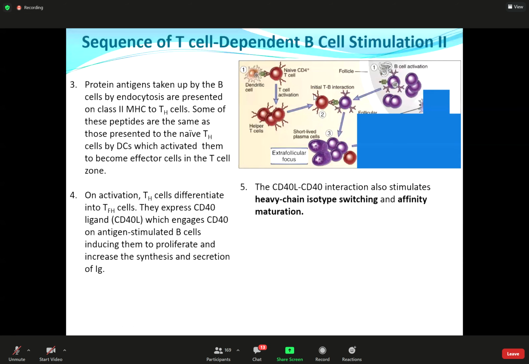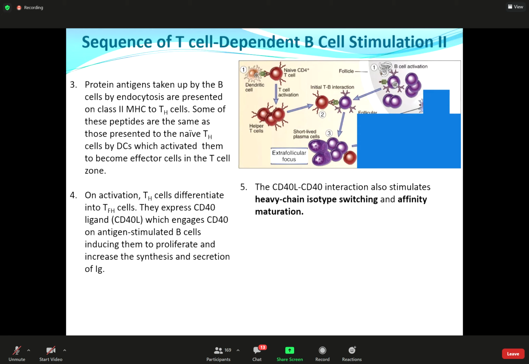But as a result of this interaction, where the cytokines and the co-stimulation between the T helper cell and this B cell, the T cell then undergoes a further differentiation into the so-called follicular T helper cell.